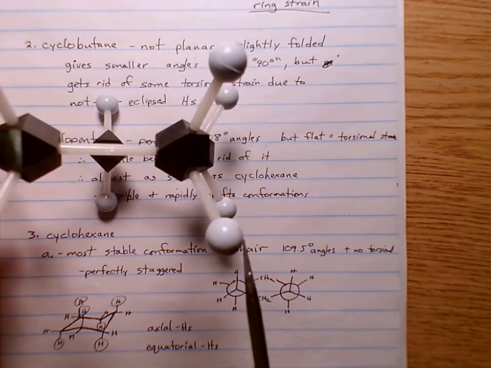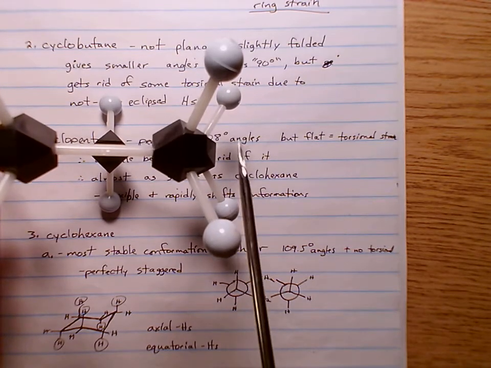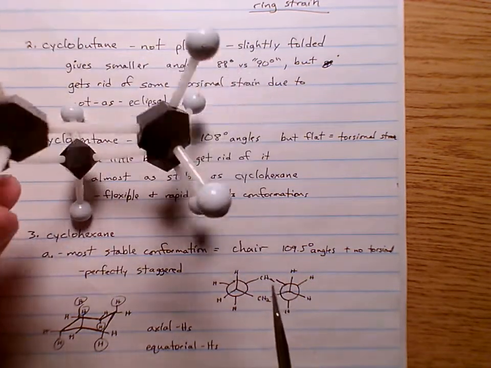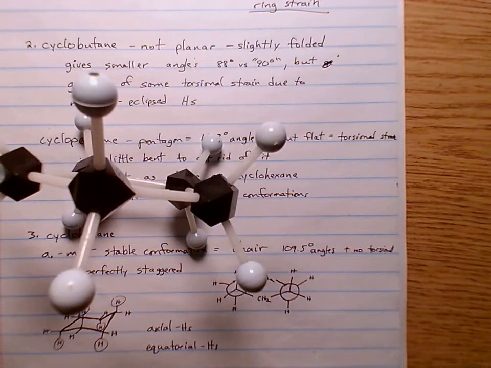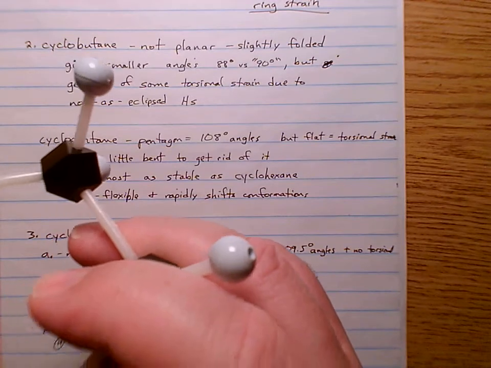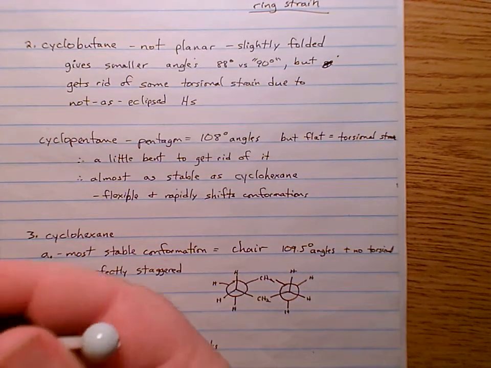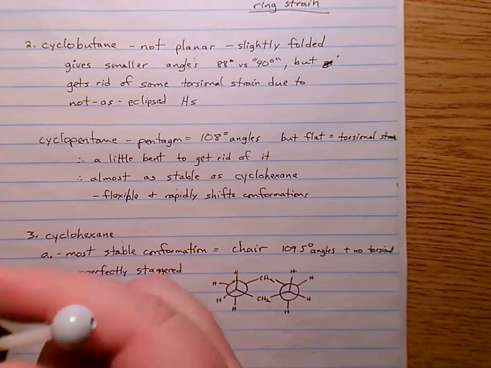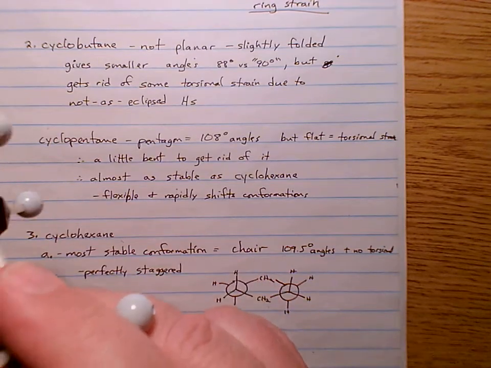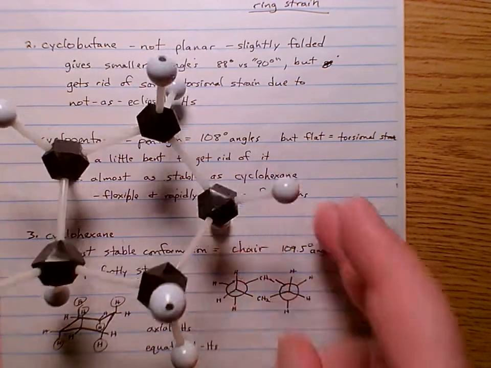These guys are eclipsing. Here's the back one eclipsed by the front on both sides. Everything's eclipsing. So it looks like it's got a lot of angle strain and torsional strain. Not as much angle strain, but it turns out that it puckers. And even on your models, you can get these to pucker a little bit. So it's not totally flat.